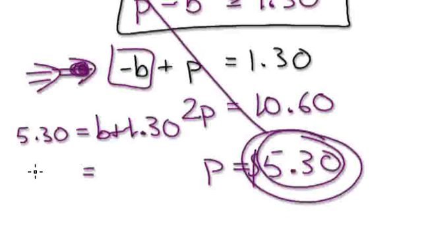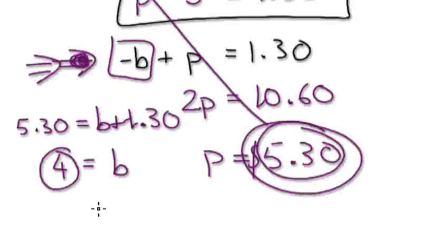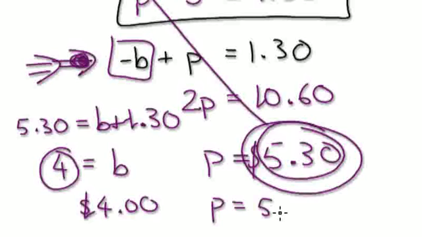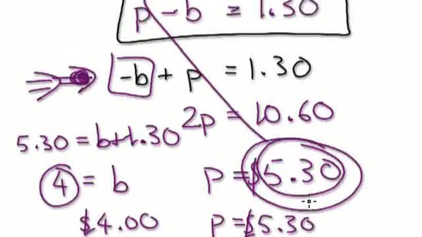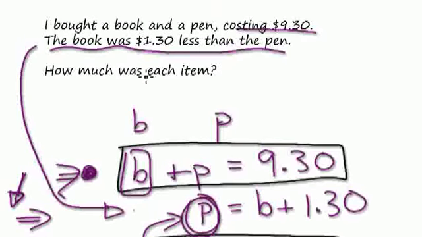So 4 equals B. So the book cost $4, and the pen cost $5.30.